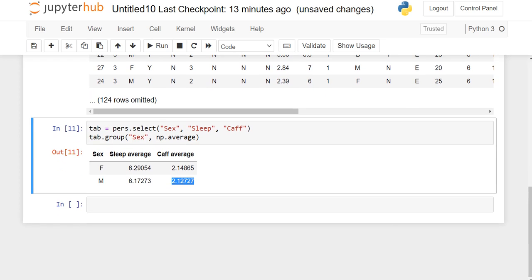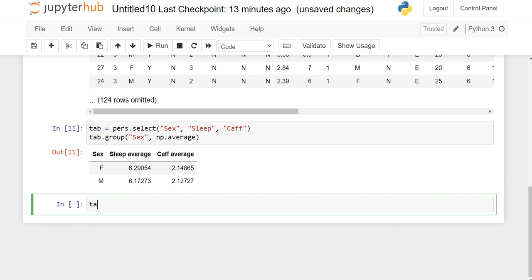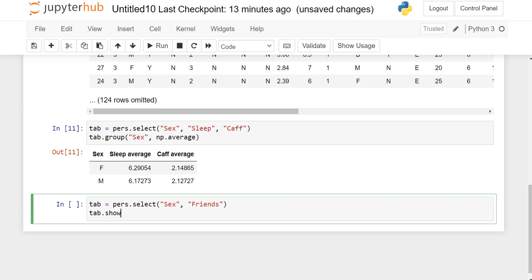Okay, so let's do this. Let's create another table. And this time I want to use the .select method, and I'll use biological sex, and I'll use the friends variable. Remember, this is the question: who do you make friends with most easily? And I'll do tab.show5.